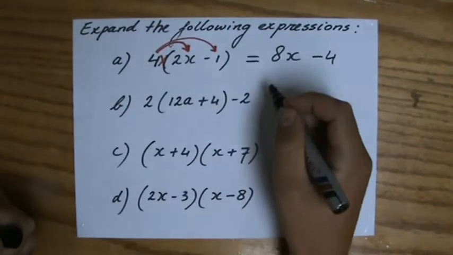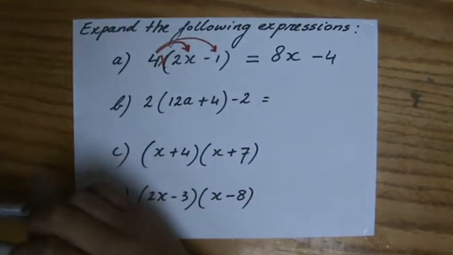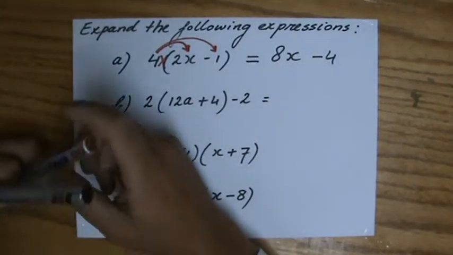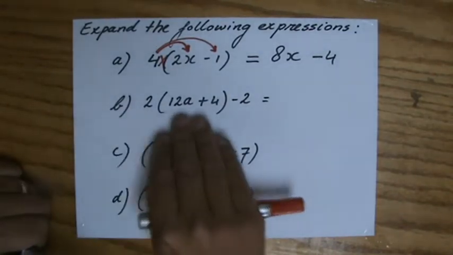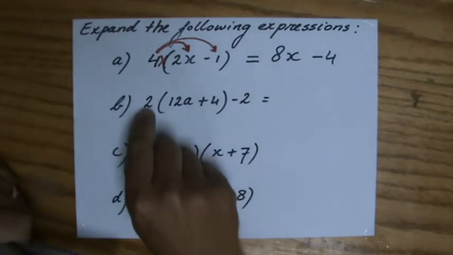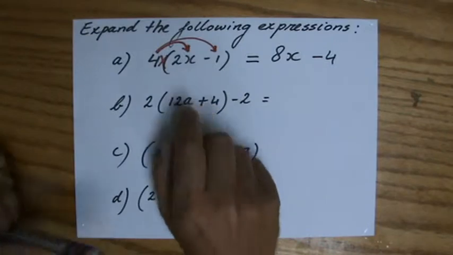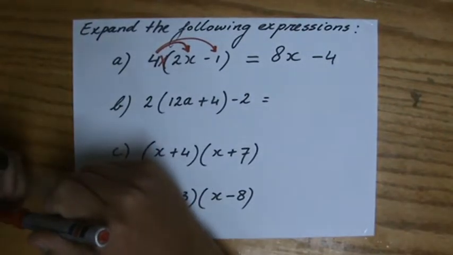If I go to the next question, 2 bracket 12a plus 4 bracket minus 2. Now again, expanding means get rid of those brackets, and you do that by multiplying, because actually it says 2 times 12a, 2 times 4, and all of that minus 2.